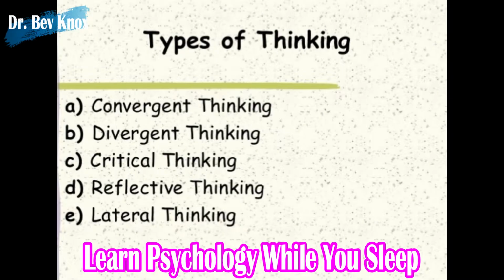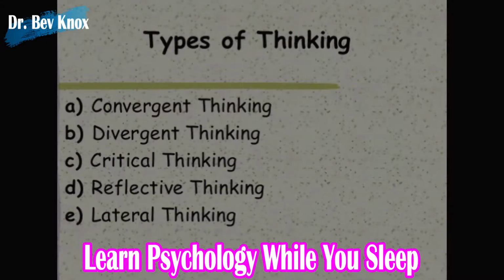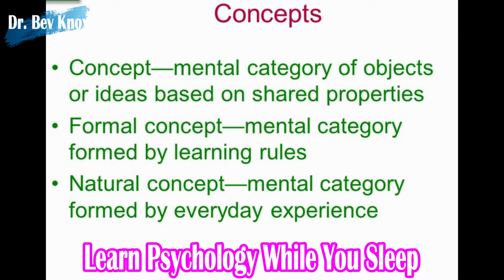Thinking. What is thinking? Thinking involves manipulating and transforming information in memory. Thinking helps us reason, reflect, evaluate, solve problems, and make decisions. Studies of thinking in infancy focus on concept formation and categorization.